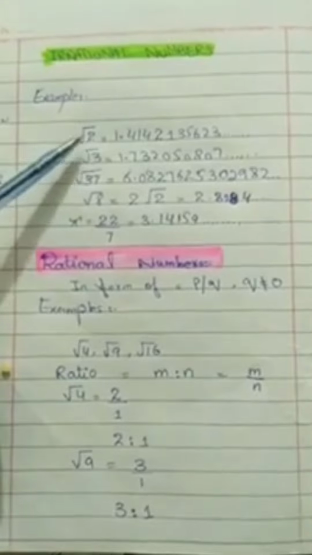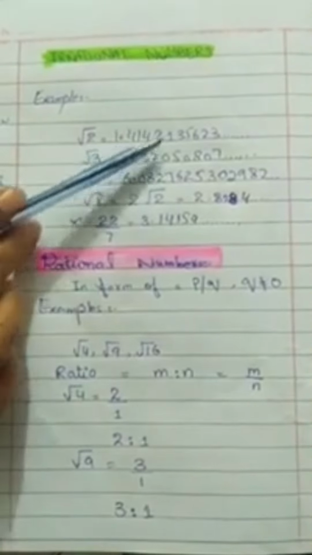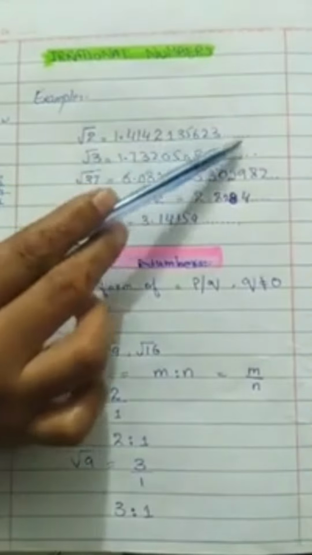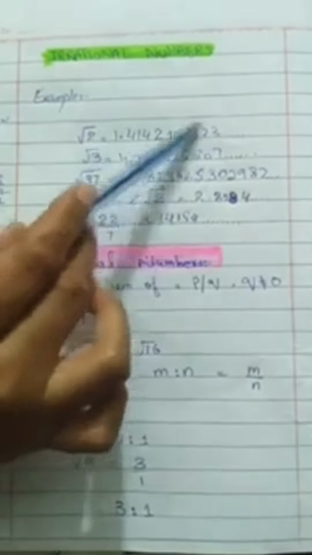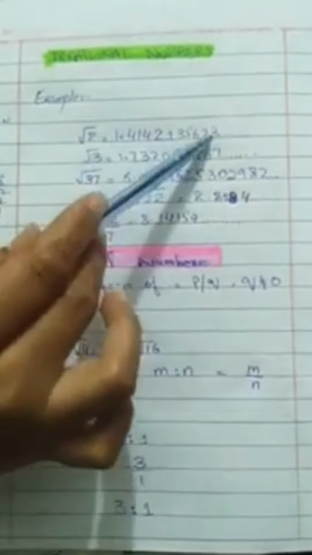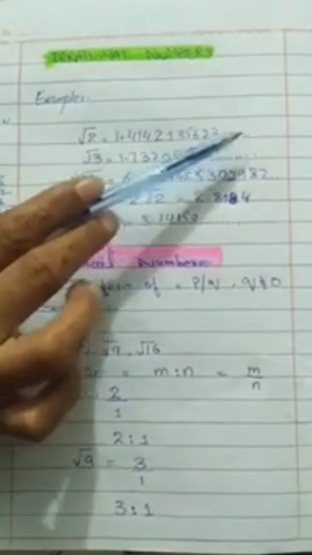For example, under root 2 equals 1.4142135 and so on, infinite. It means that this is an irrational number because it cannot be written in the form p by q and it is an infinite value.